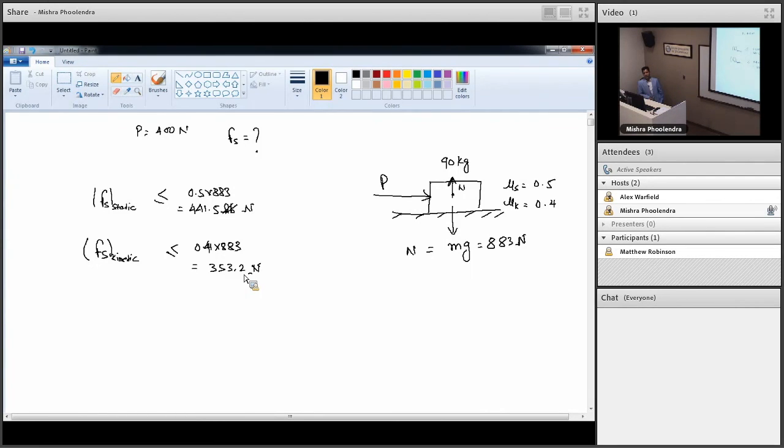This is a little tricky problem now. What would happen if I apply P equals 500 Newton there? Remember, when you go 500, you exceeded that limit, this will start moving. And once it starts moving, then you are going to get the kinetic friction, because now your friction is on the moving thing. It's not static anymore.